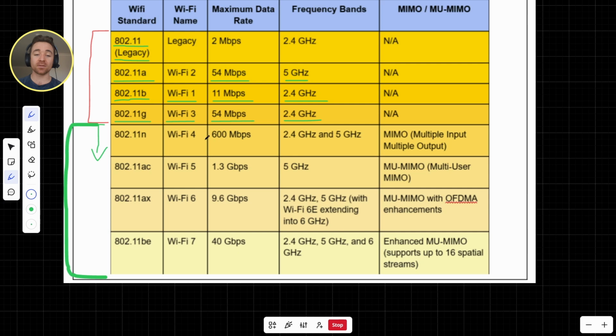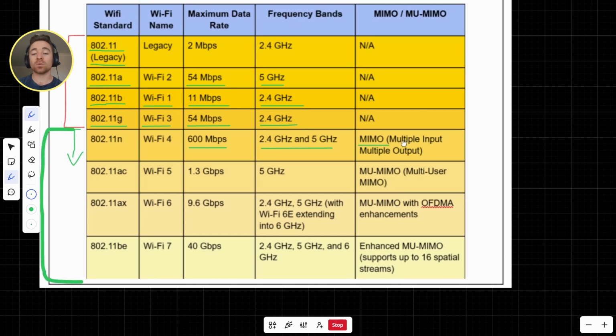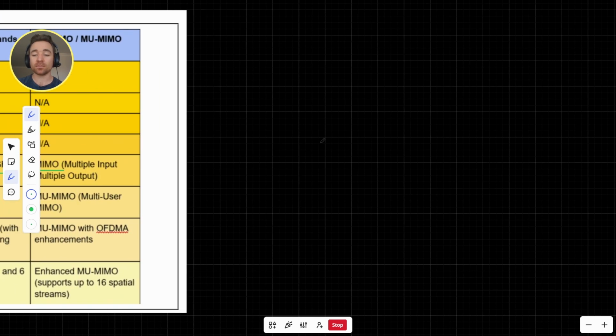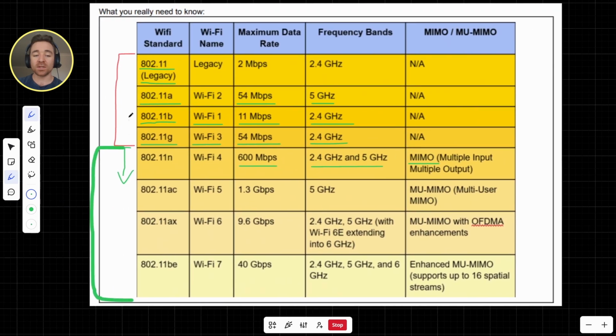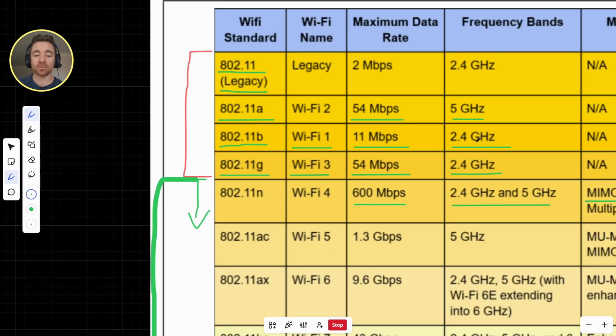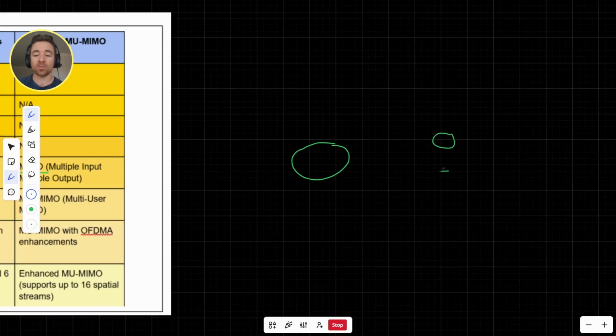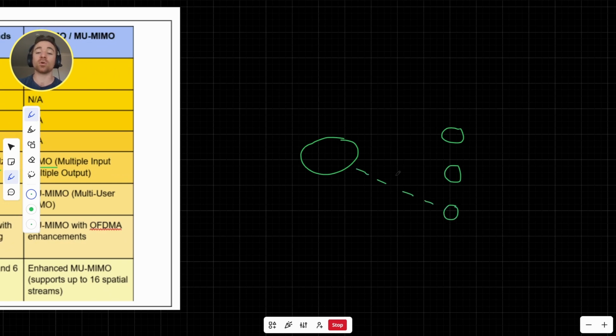Okay, so the main differences: you're going to need to know what the maximum data rate is. You're going to need to know what frequency it uses. You're going to need to know whether or not it uses something called multiple in, multiple out, which is essentially where they have a router. So let's say this is a router. For all of these ones, the ones in red here, if you had 3 people, the router could only communicate with one person at a time.